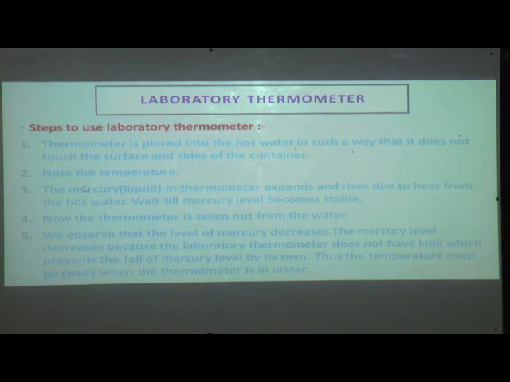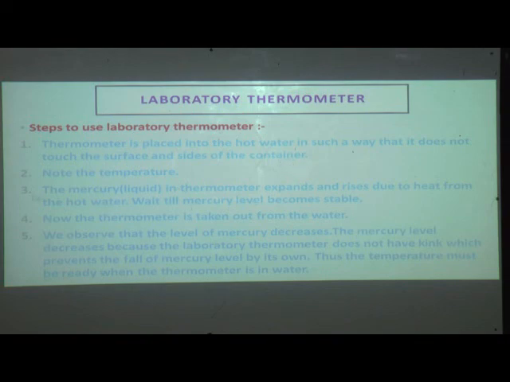Then second, note the temperature. While you keep the thermometer as given in step 1, you have to note the temperature. Then third, the mercury, that liquid which is there in the thermometer, expands and rises due to heat from the hot water. Suppose we have taken hot water in this container.